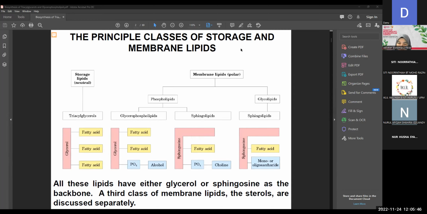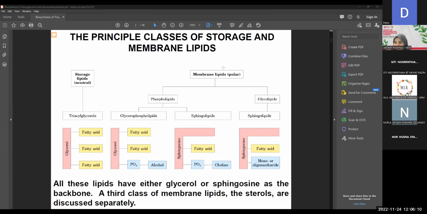Okay, so you can see from this slide the difference between triacylglycerols and also membrane lipids. We know that triacylglycerol fatty acids are basically meant for energy storage. Storage lipid, for energy.